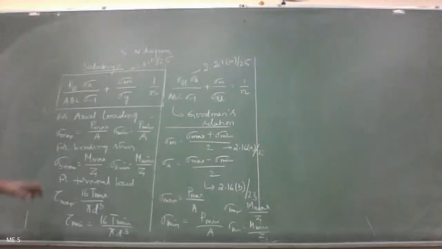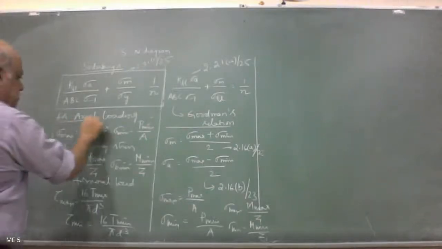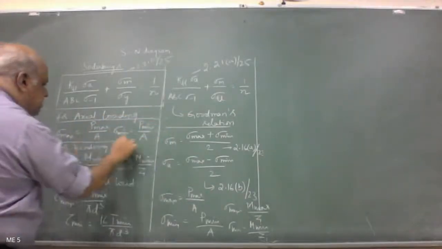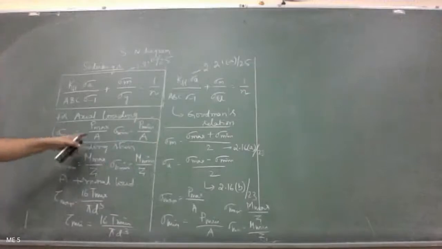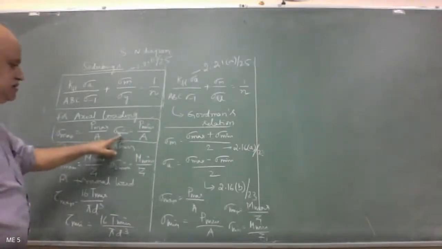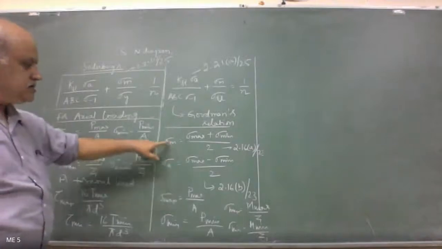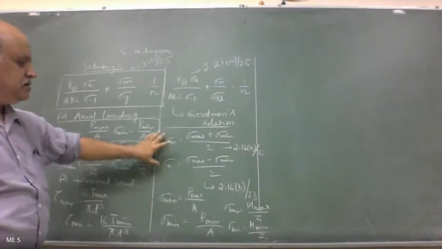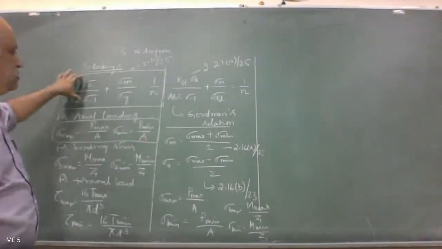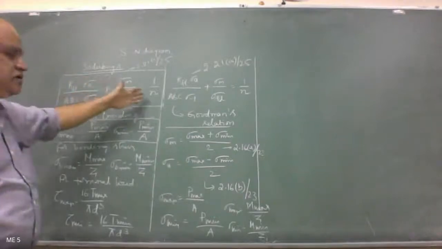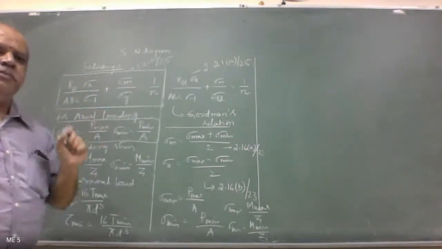Okay, so these are the three things that we should know. If it is axial loading, sigma max will be equal to P max by A, minimum is P minimum by A. You find out sigma max and sigma minimum, get the value of stress mean and stress amplitude, substitute amplitude and mean stress into the Soderberg relation, and then solve for the given parameter.